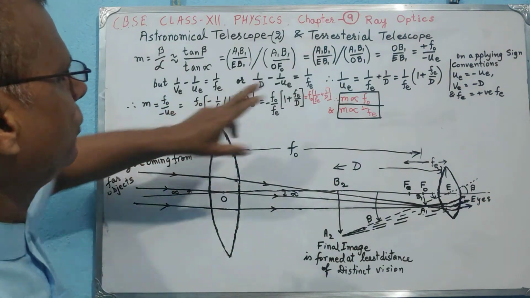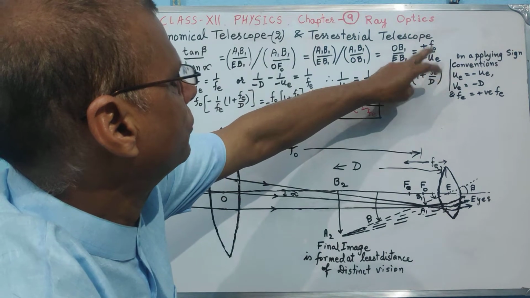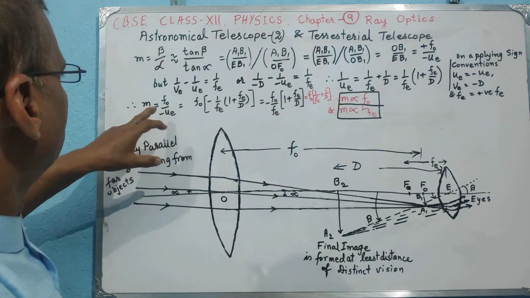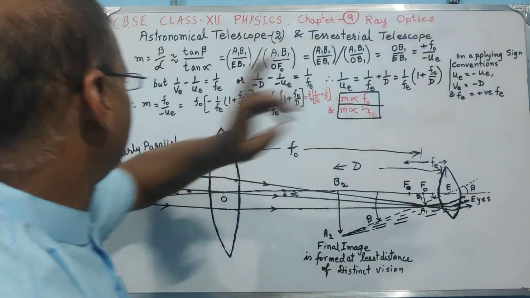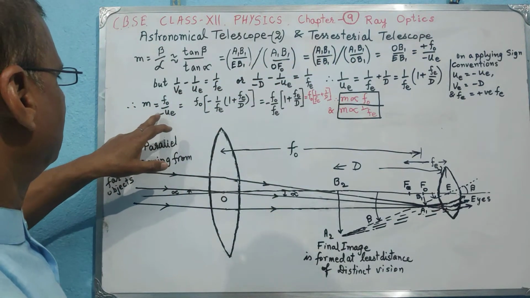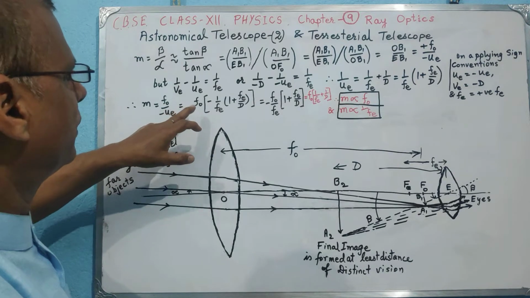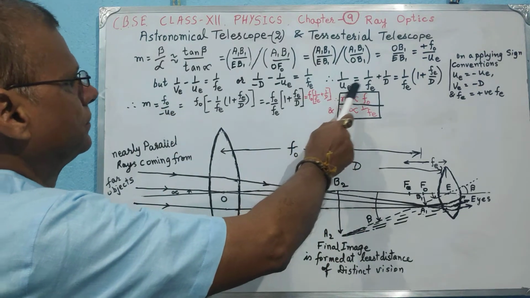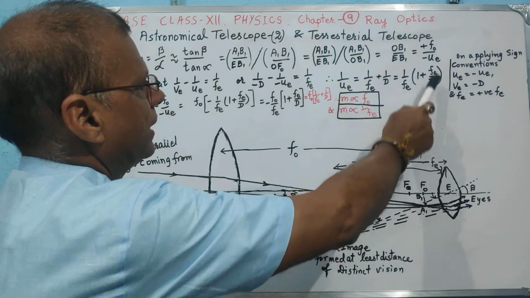On putting the value of 1 by minus UE in this expression, you see F0 is already there, divided by minus UE, and for 1 by UE we have this factor 1 by FE.